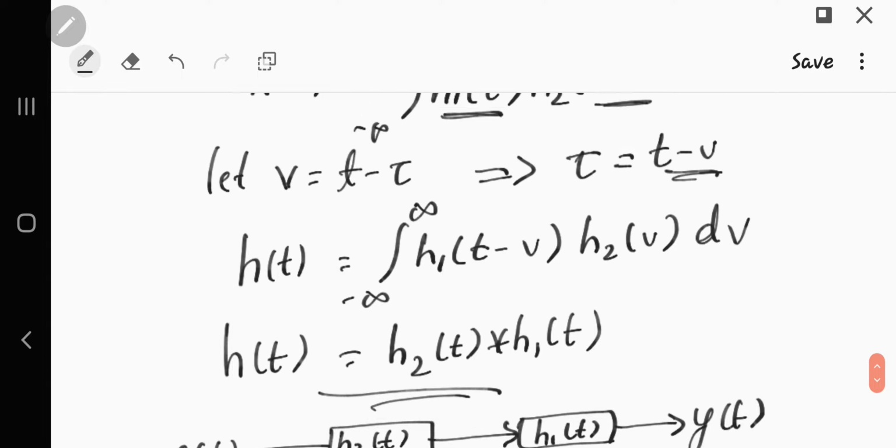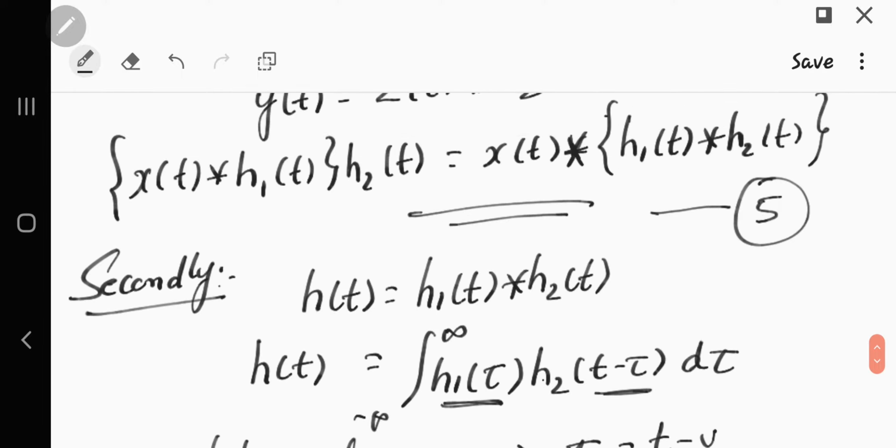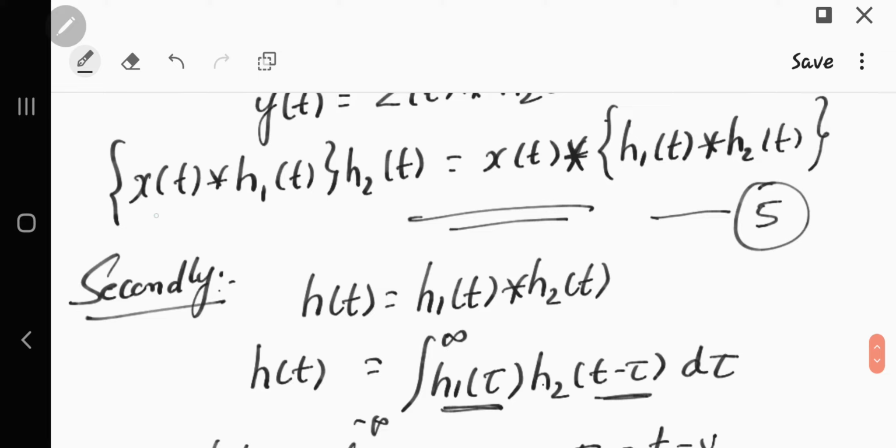That means if you observe equation 5, here you can see x of t convolved with h1 of t, whole convolved with h2 of t, is equal to x of t convolved with h1 of t convolved with h2 of t, right.